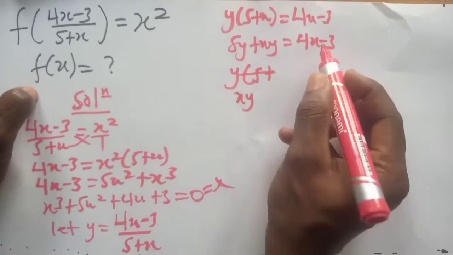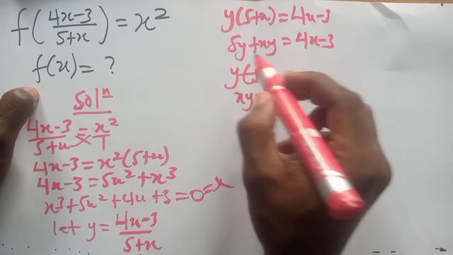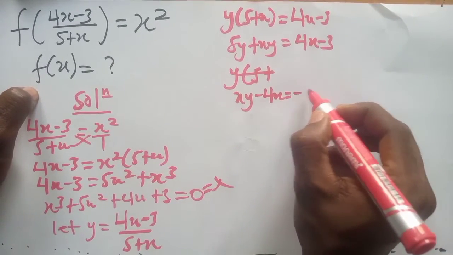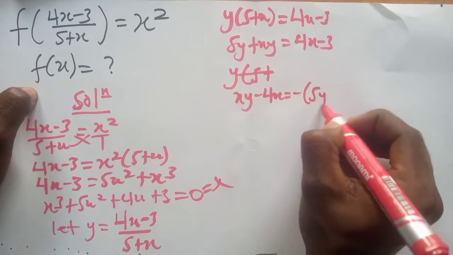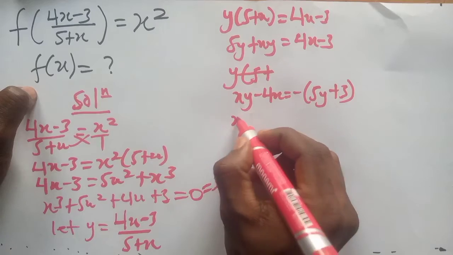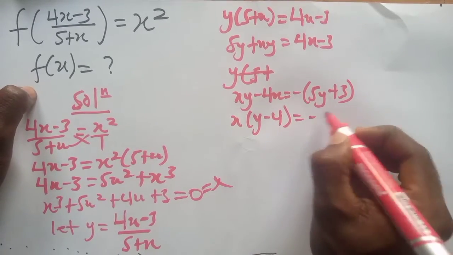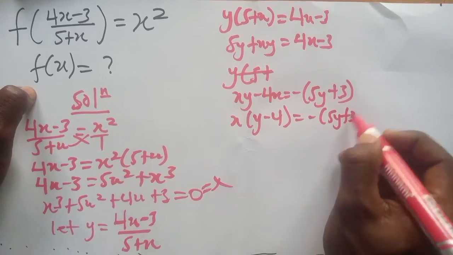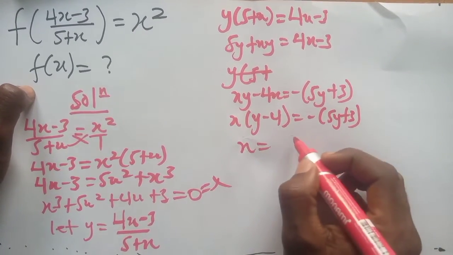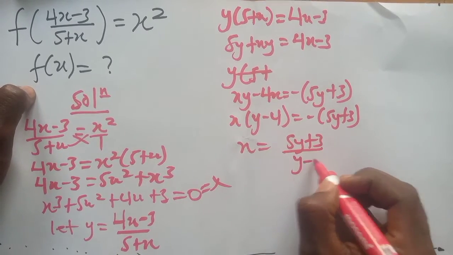We have xy, sending this to the side we have minus 4x, and then let's send the other term to the other side, so we can have negative outside here. Then we have 5y plus 3. Right now, x outside, we have y minus 4 being equal to minus (5y plus 3), and then from here we have x equal to 5y plus 3 divided by y minus 4.